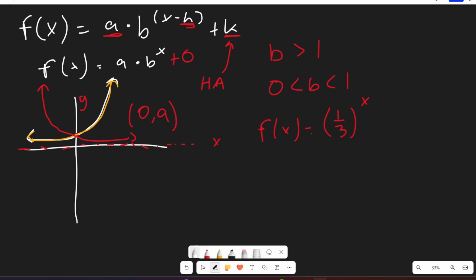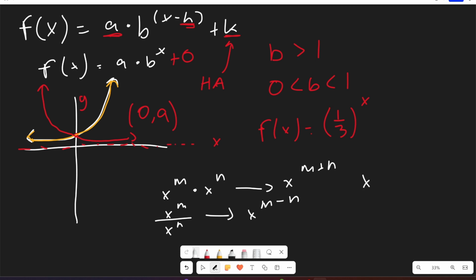And just to go over some of the basic exponent properties, if we forgot them: x to the m times x to the n becomes x to the power of m plus n. Then x to the m over x to the n will essentially become x to the power of m minus n.